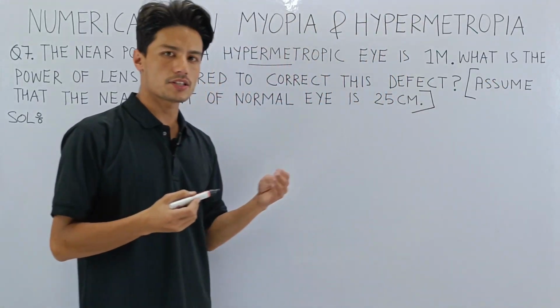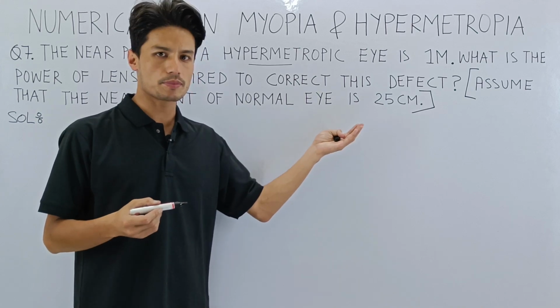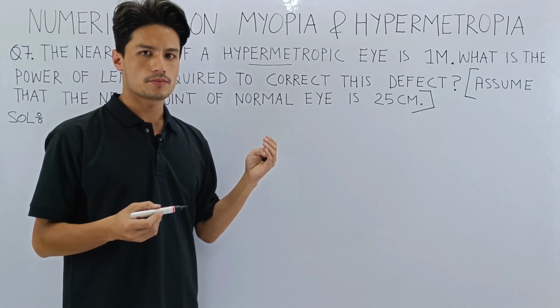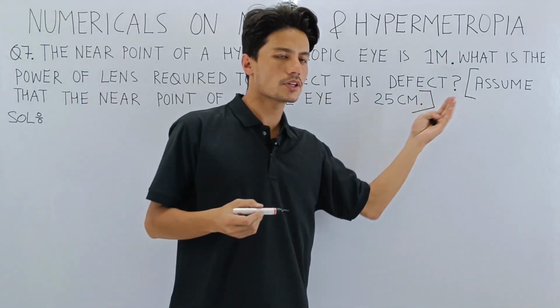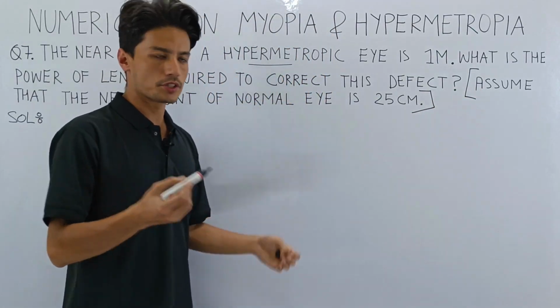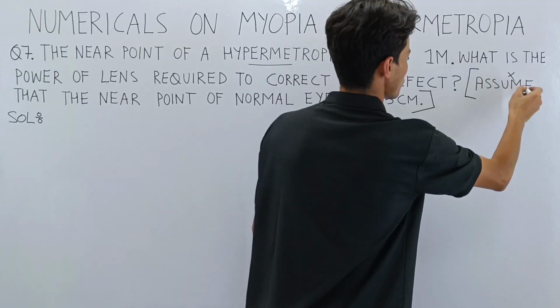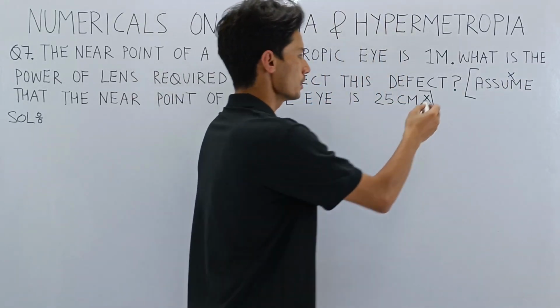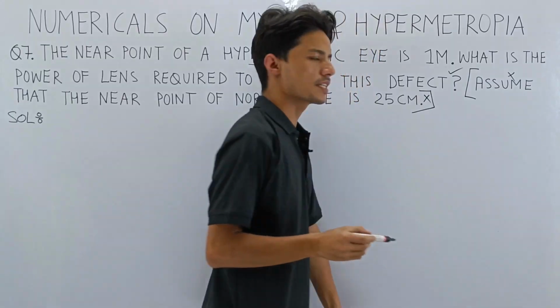The question is helping you, but once you understand the concept, you don't need this help. Someone who doesn't understand this will need this help, but for you, you don't need this last sentence. For you, this much is enough.